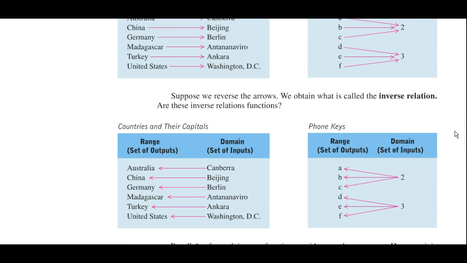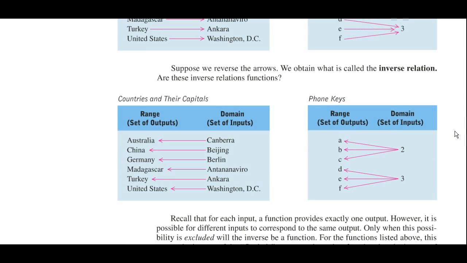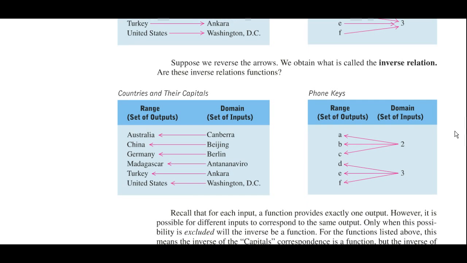Now if we reverse the arrows, that is in a sense making our domain on this side and range on this side.